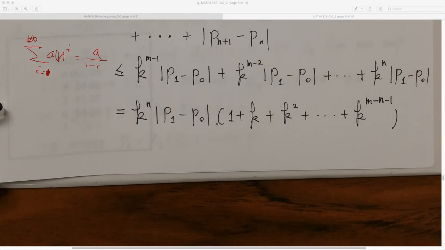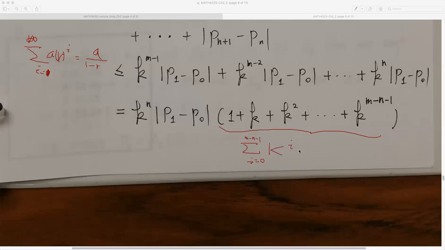Similarly, this one is equal to, because this is equal to sigma, i equals 0 through m minus n minus 1, of k to the i-th power, right?